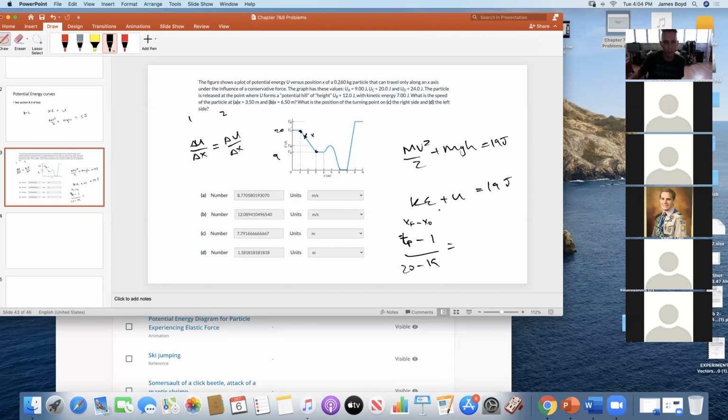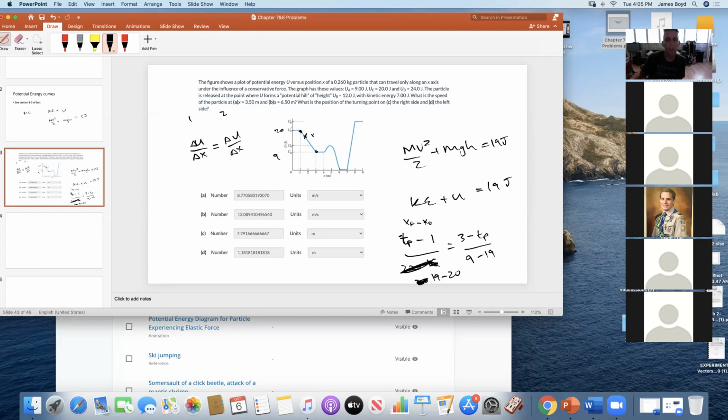And that's equal to 3 minus our turning point, over at 3 we're at UA, which is 9. So 9 minus 19. Oh, I'm sorry, this should be 20 minus final minus initial. Oh yeah, no, 19 minus 20.